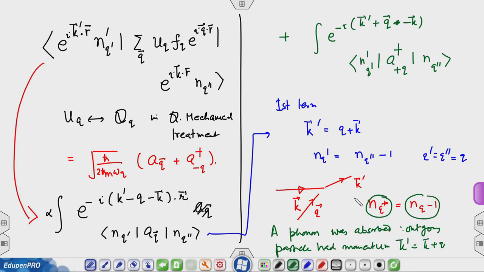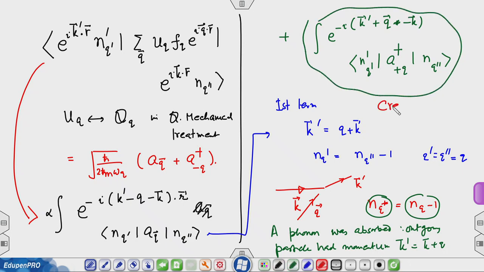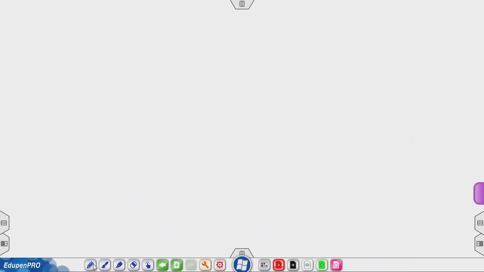In exactly the same manner, the second term here will give you creation of a phonon. So, let me just make it more clear in the next page.